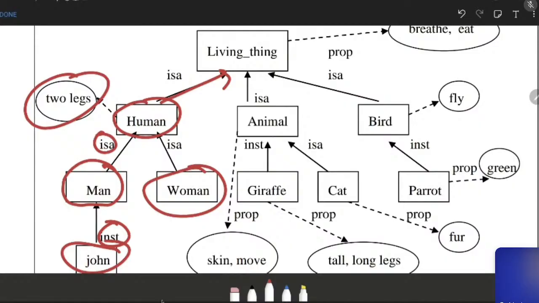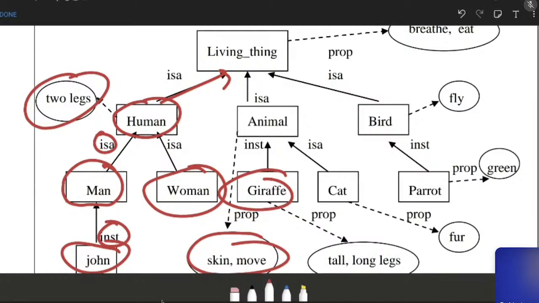Human has 2 legs, and an animal has skin and can move. Human having 2 legs is a property.